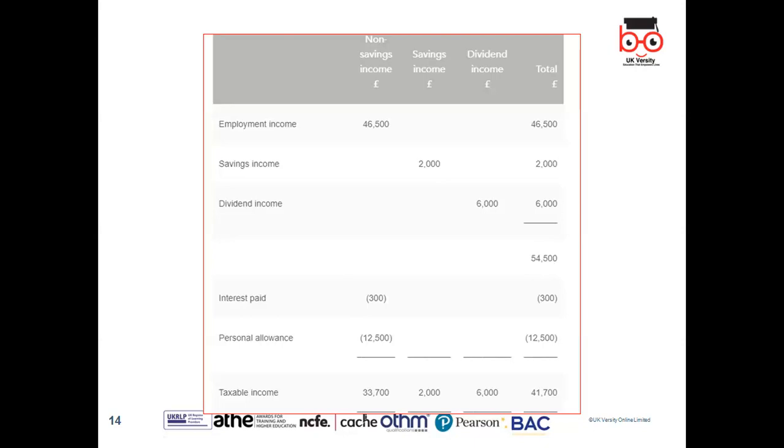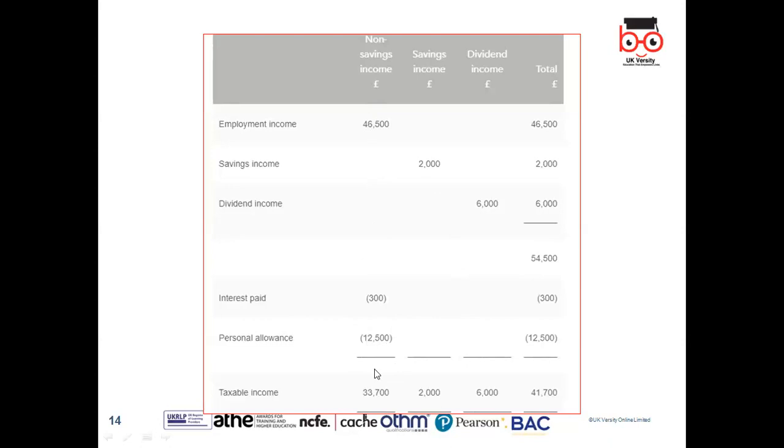Interest paid, then the personal allowance. According to the scenario, we have 12,500 in the year. So 33,700 is the income.